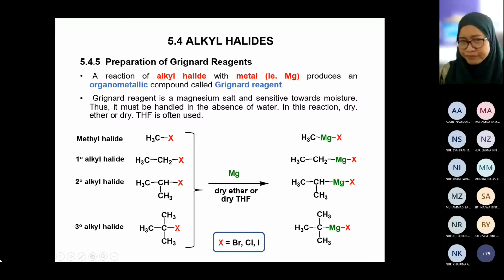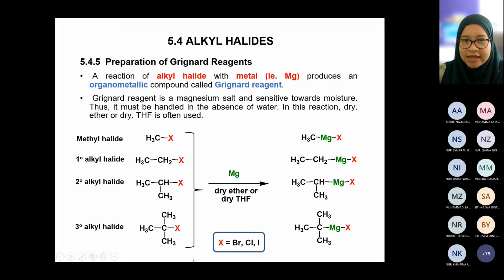Grignard reagent. A reaction of alkyl halide with metal, for example magnesium, produces an organometallic, organic and metal. So it becomes an organometallic compound called Grignard reagent.